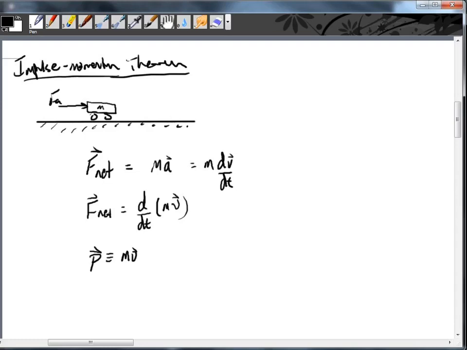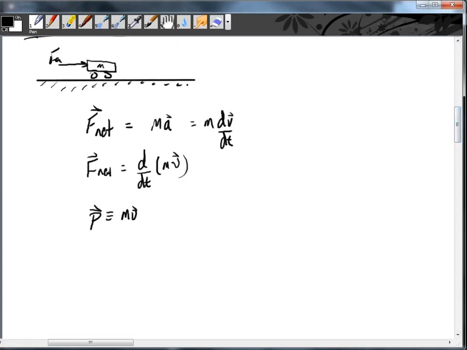You're going to love the next one too, by the way. Now, if this is p, then this whole thing becomes what Newton really said in his second law of motion: our net force results in a change in our momentum.